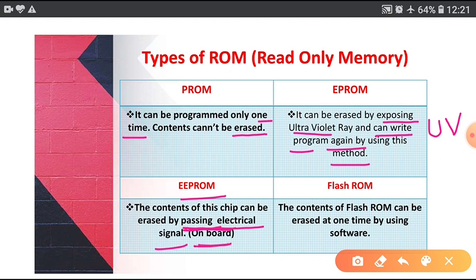On-board means when a hardware expert supplies a signal for erasing the data, there is no need to remove the EEPROM from the motherboard. A hardware specialist can erase the data without removing it from the motherboard.